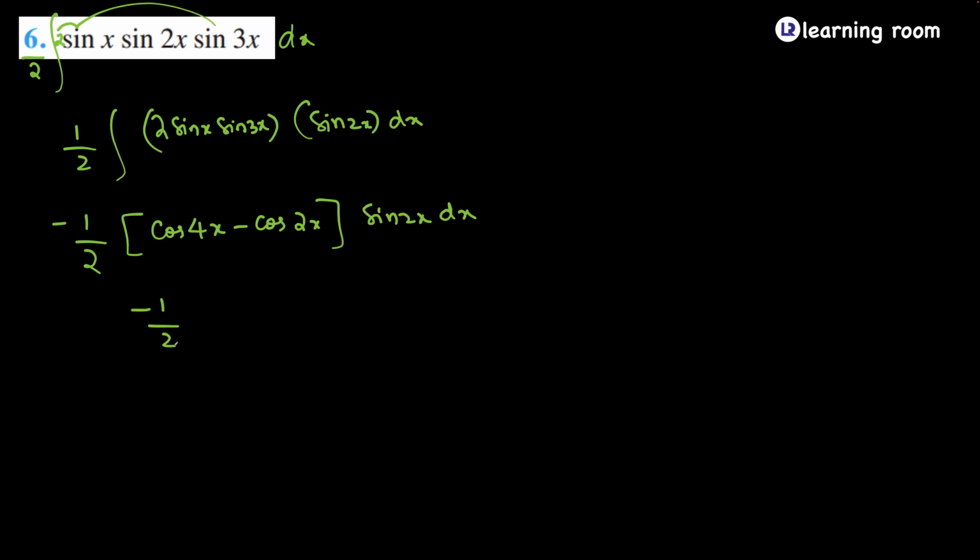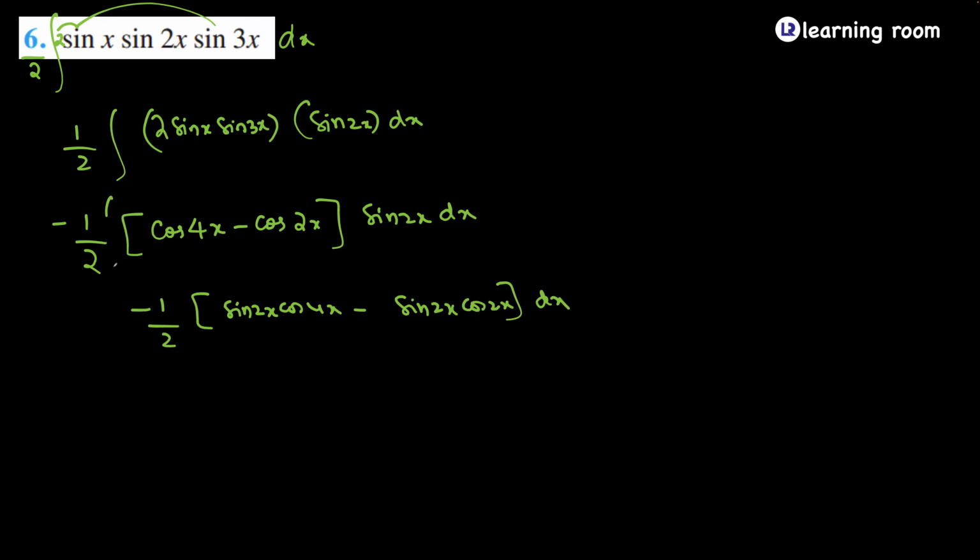So minus 1 by 2 into sin 2x into cos 4x minus sin 2x into cos 2x times dx.